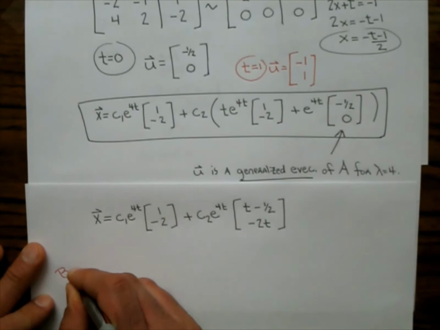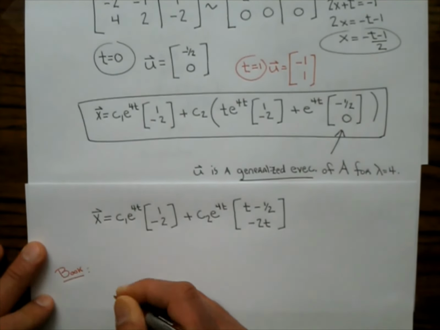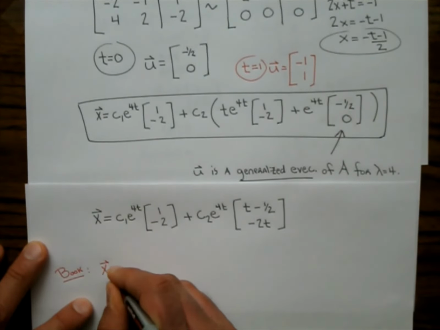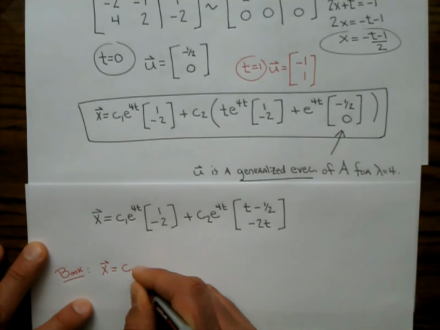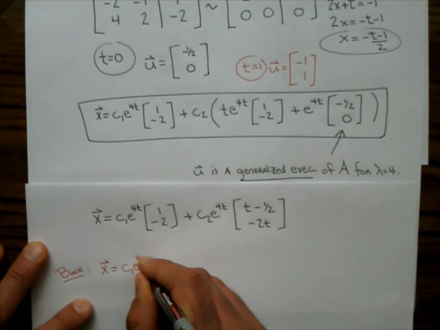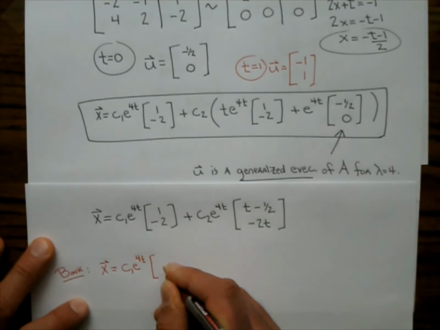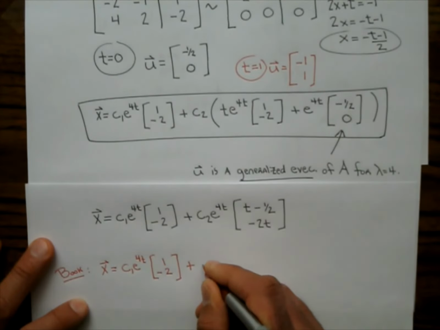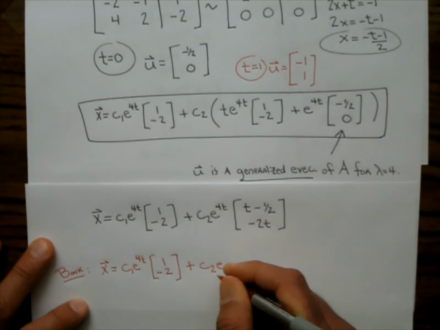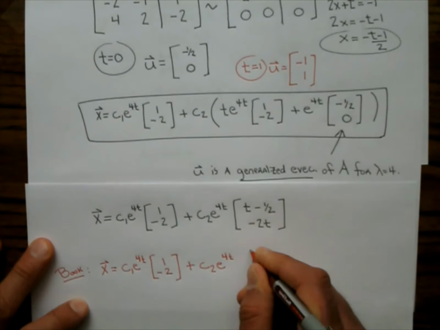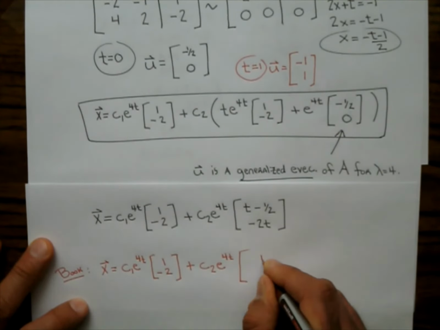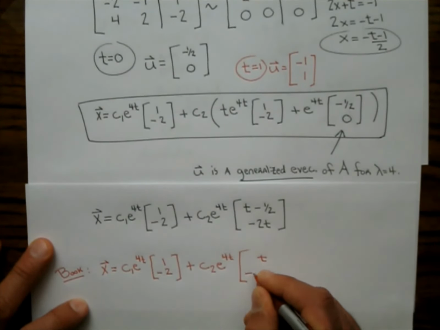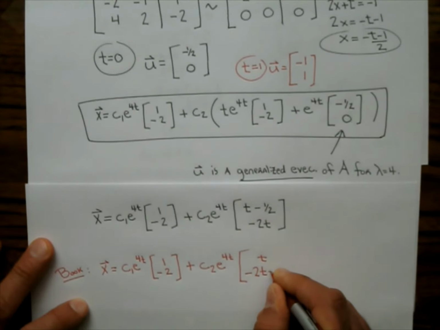And the book goes ahead and gets this, C1 e to the 4t, 1 negative 2, plus C2 e to the 4t, and then they got t negative 2t minus 1.